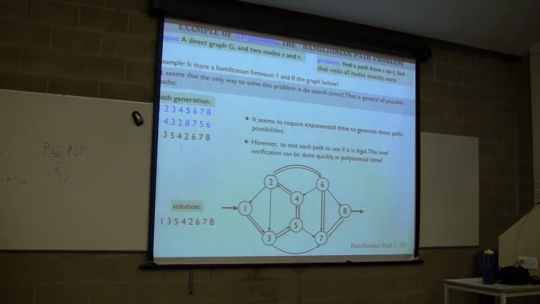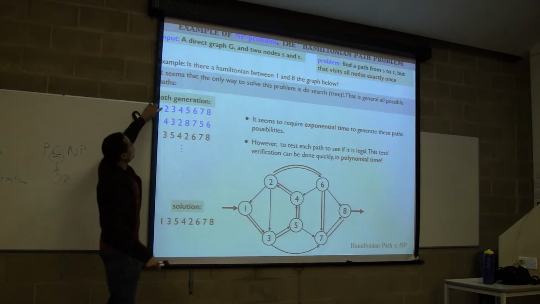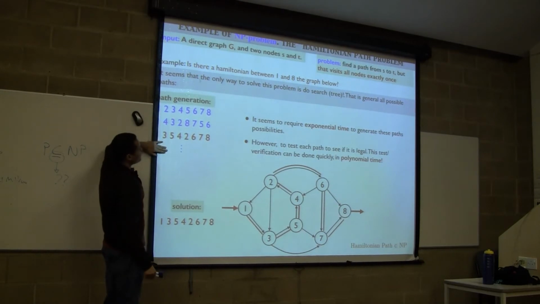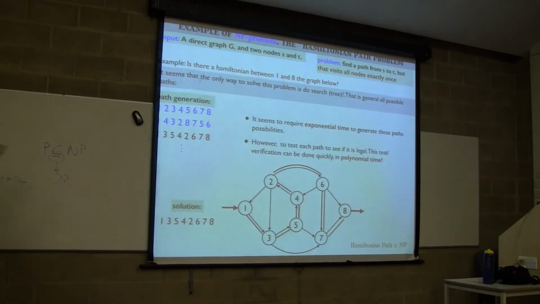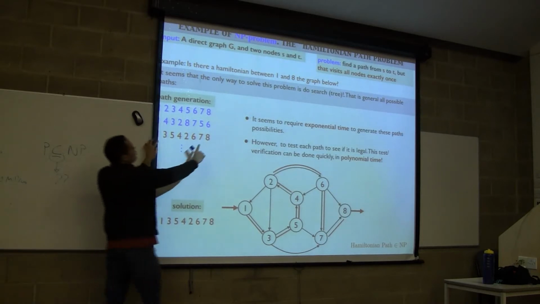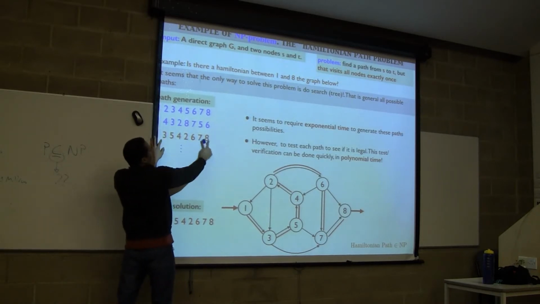So for instance, here, you generate all these path possibilities, and the generation of all these paths takes exponential time, but once you have a particular path, you can test if this actually forms a Hamiltonian path.